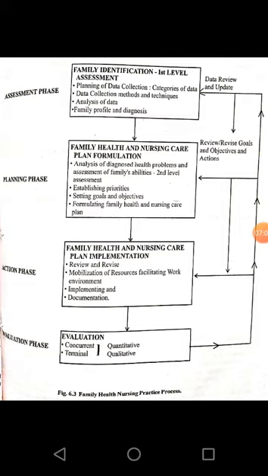Next is action phase, where we start implementation. Whatever we have planned with the local resources or the available resources, we'll be starting to implement. And finally we have to evaluate, even the concurrent and the terminal evaluation also. That's what I told, maybe follow-up should be done, or if it is not improved, what can be done next, the re-evaluation.